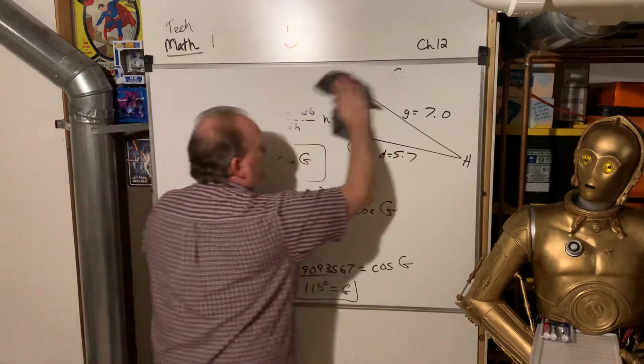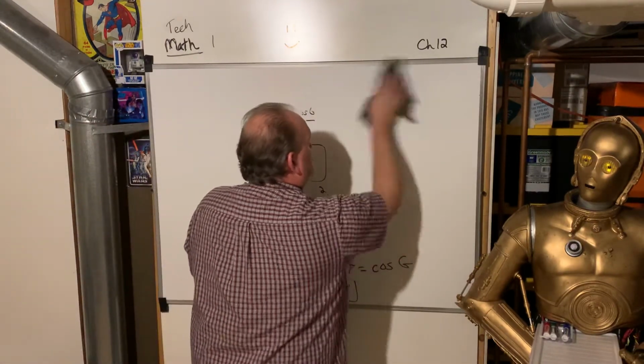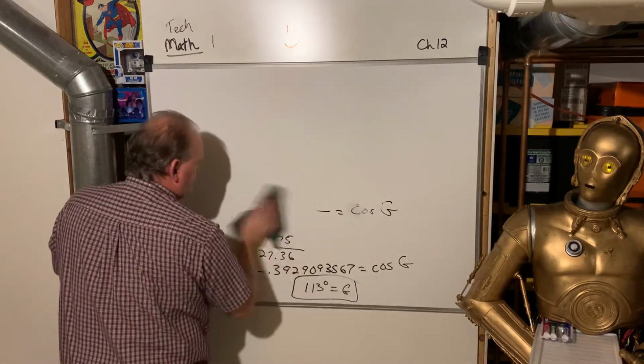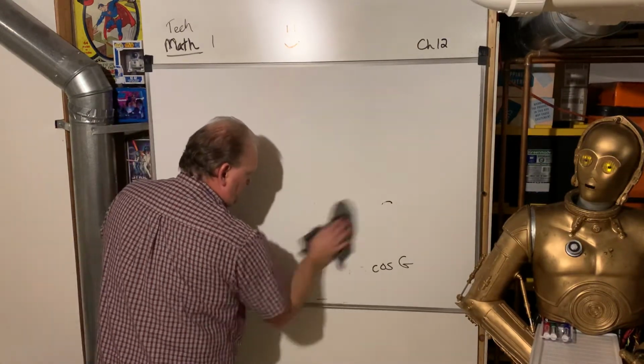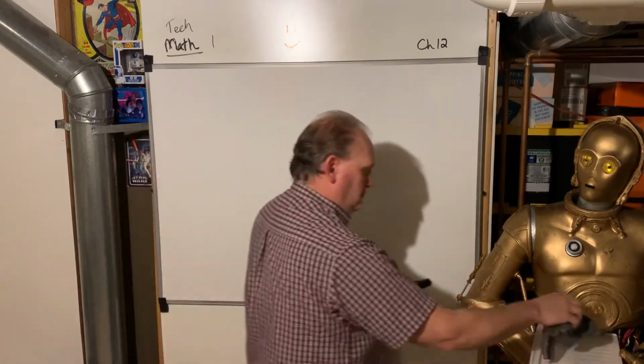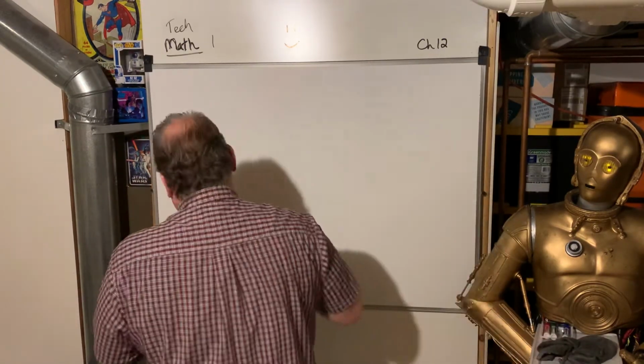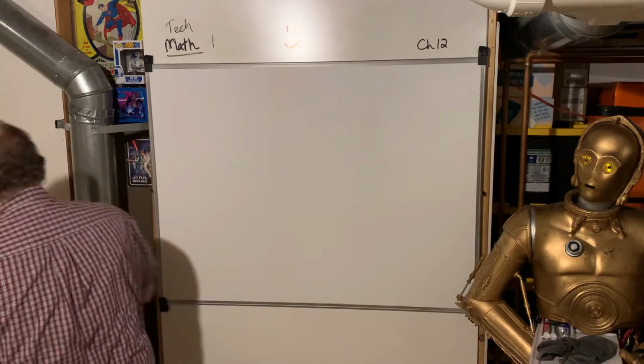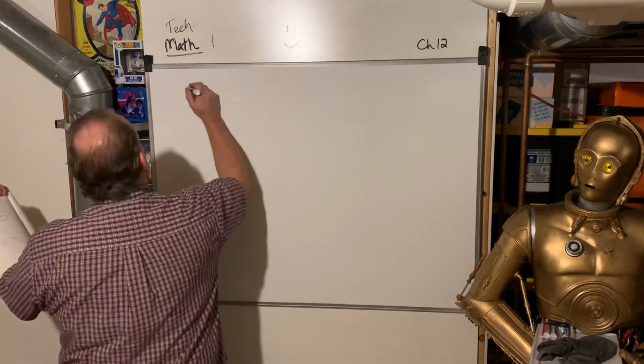When it's non-right triangles, we're usually using law of cosines or law of sines. And so here we are at 77.